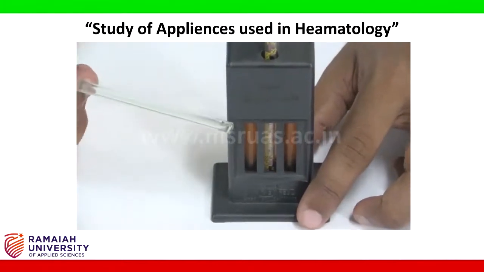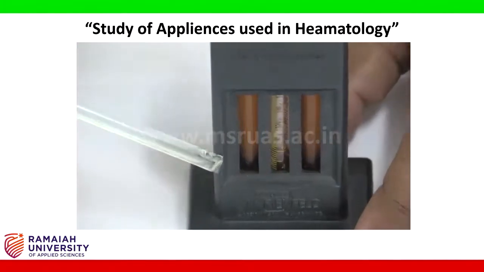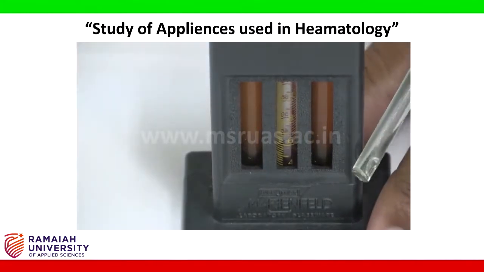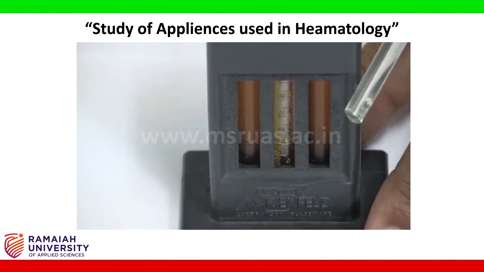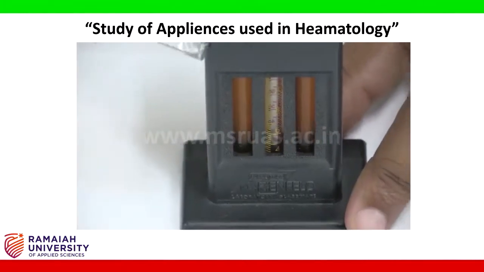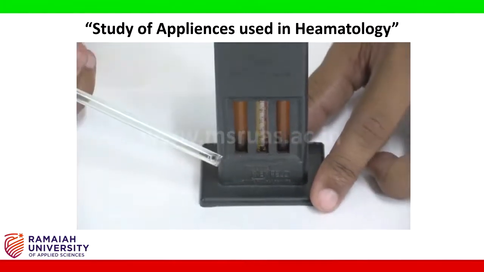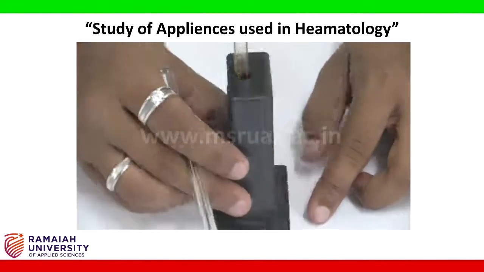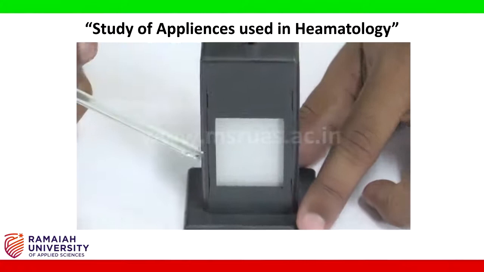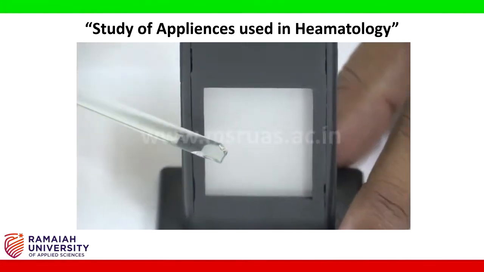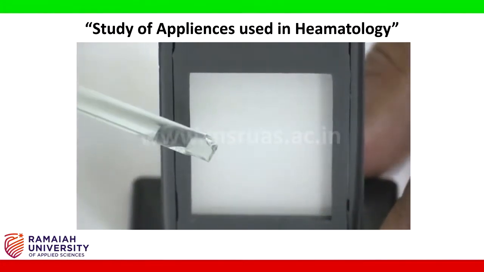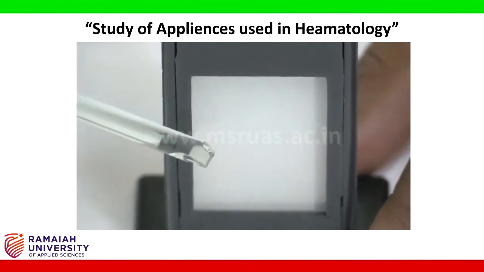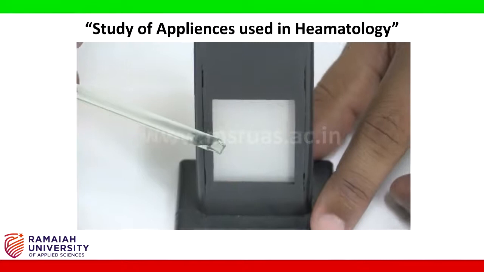Non-fading standardized golden brown glass rods are fitted on each side of the slot as standard for matching the color while performing the experiment. An opaque white plastic glass is fitted behind the slot to provide uniform illumination during direct visual color matching.